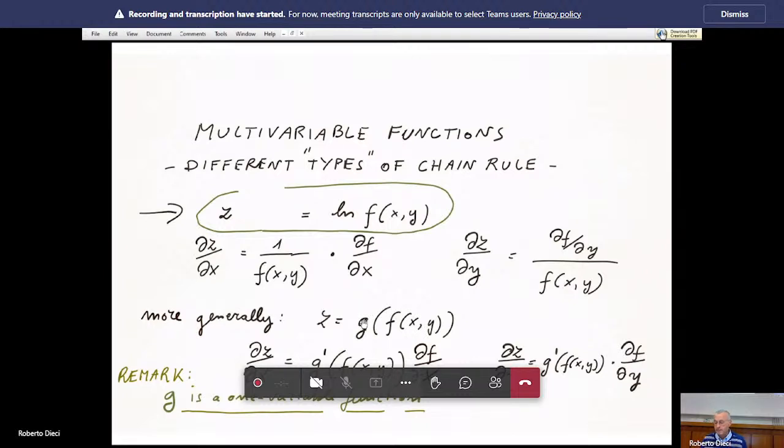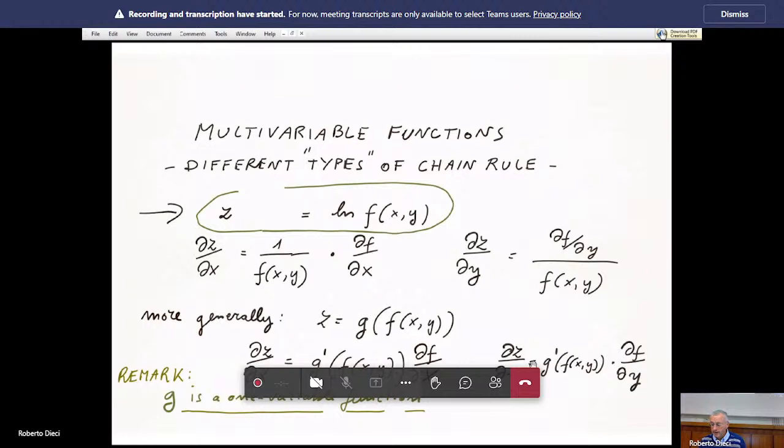This is the first type of chain rule, and you know that the chain rule in this case looks like this. The partial derivative of z with respect to x is, first, g prime. This is a correct notation because g is a 1-variable function. G prime computed at the point f of xy, so at the point which is the result of f of xy, times the partial derivative of f with respect to x.